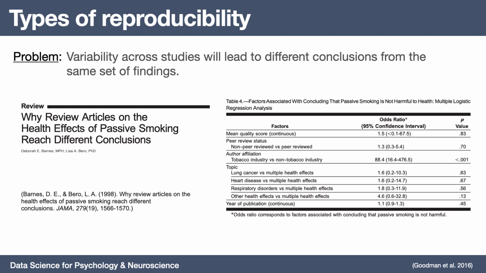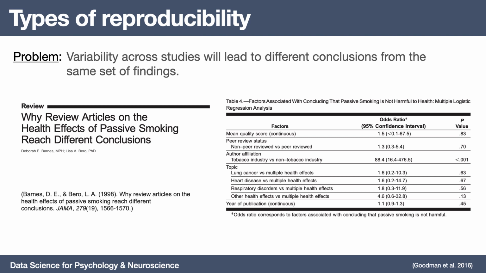This is most notably highlighted here by Barnes et al. in 1998, where they looked at how people interpreted the results of smoking and whether or not it was harmful to people's health. So this was a meta-analysis.